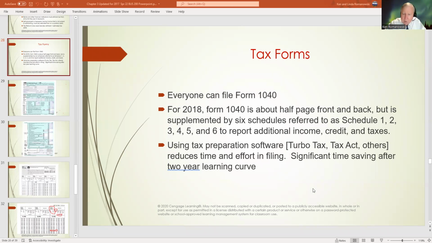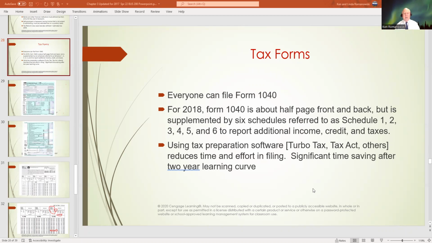Every individual files a Form 1040. Okay, corporations, they have their own form, trusts have a form, partnerships have a form. All these different types of structures have their own types of forms. And it just so happens that the form for individuals is called a 1040 form.